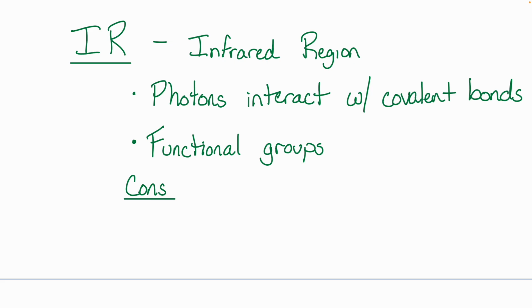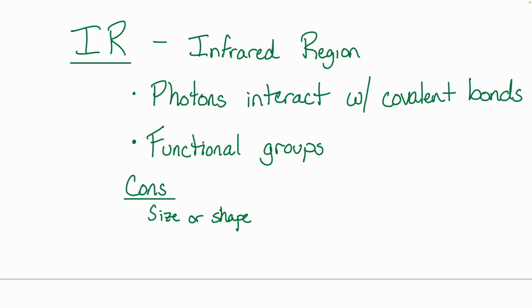Well, it tells us no information about the size or shape of our molecule. So all alcohols will give us pretty much the same signal. If you have 4 carbons versus 10 carbons, you really don't see that in an IR spectrum.